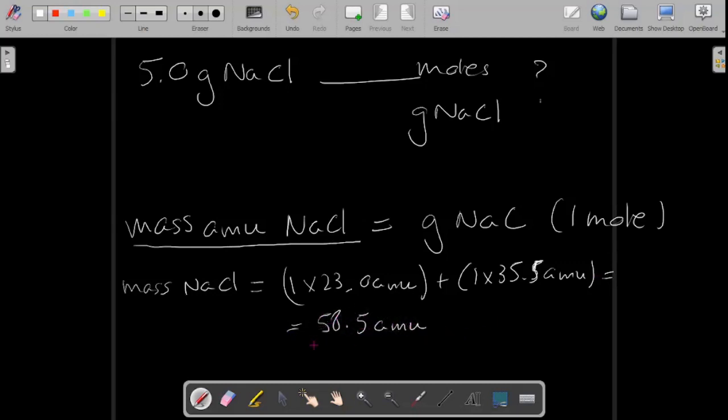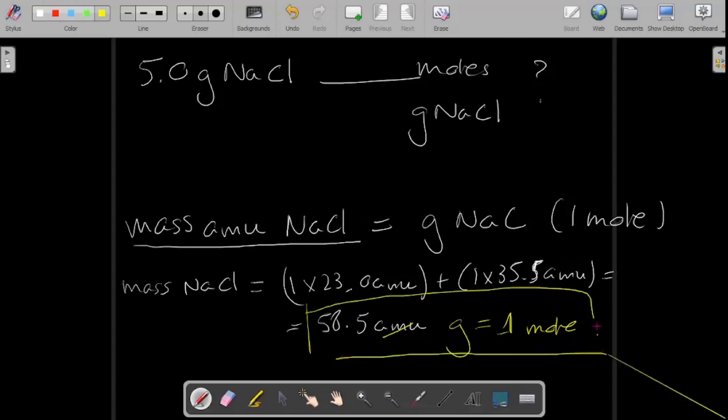AMUs. We just learned that instead of AMUs, we can call it grams. And then we have 1 mole of that substance. Okay, this is our conversion factor. This is our conversion factor right here. 1 mole of sodium chloride has 58.5 grams of sodium chloride.